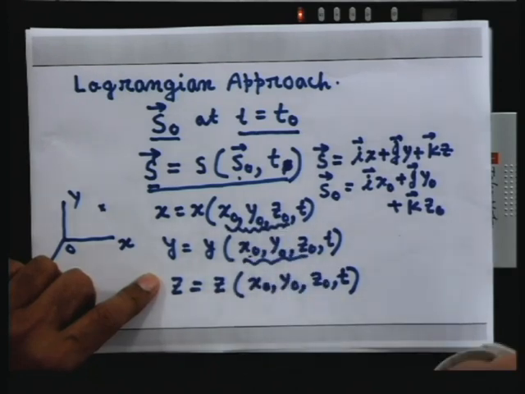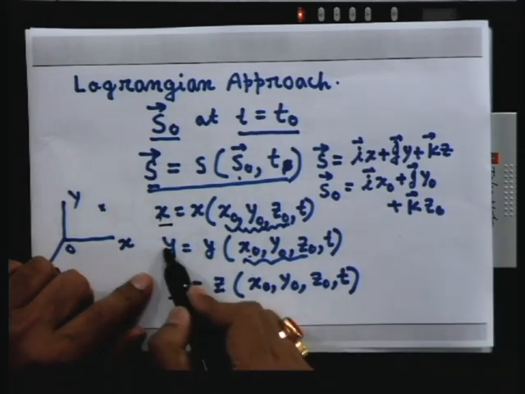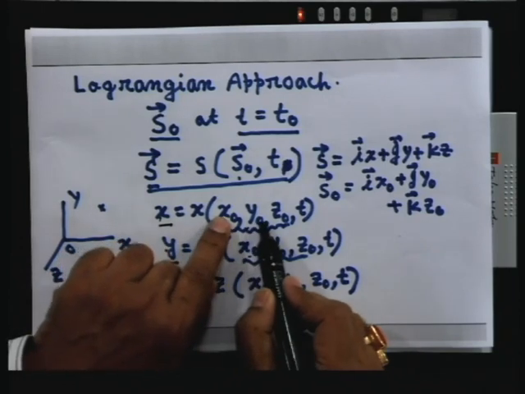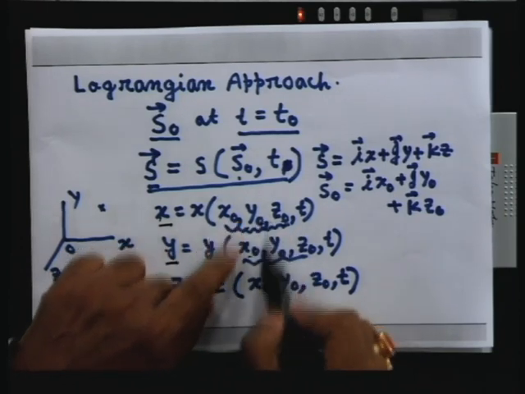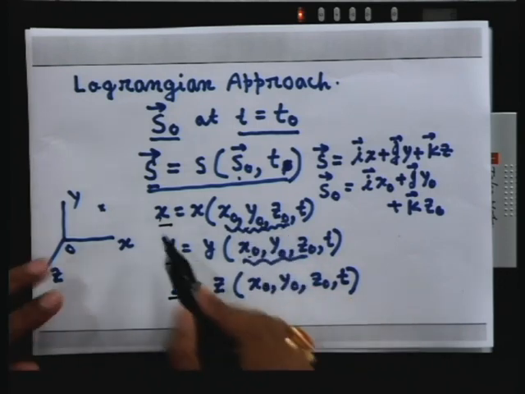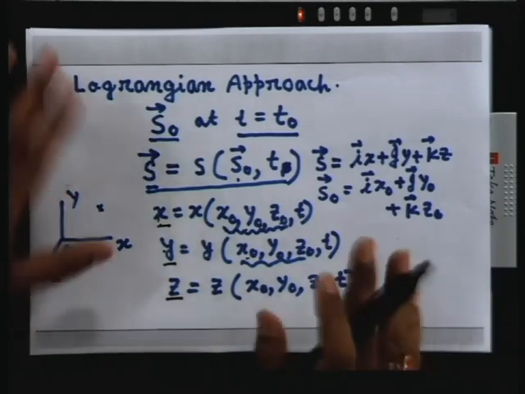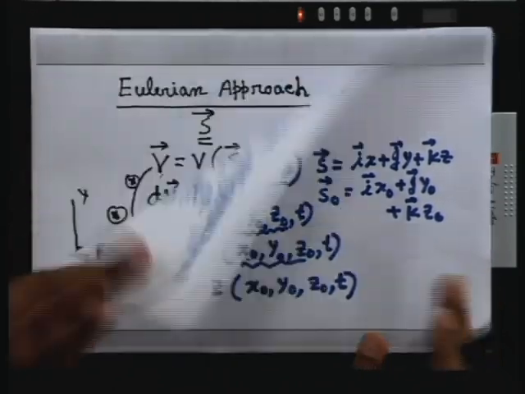Because we know in the Eulerian approach we have to express velocity as a function of general coordinates, not particular coordinates identifying a particle. That means we have to differentiate this, find the velocity components in terms of x0, y0, z0, t, and tactfully eliminate x0, y0, z0 and express the velocity in terms of space coordinates and time. So you see, in both ways the Lagrangian and Eulerian approaches can be related.